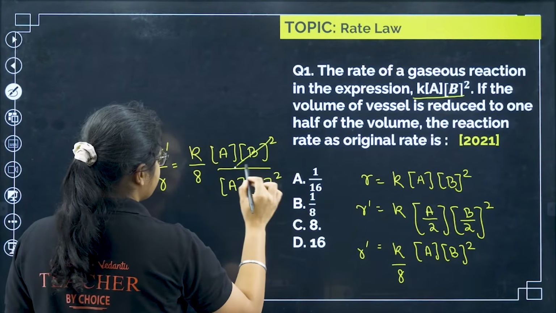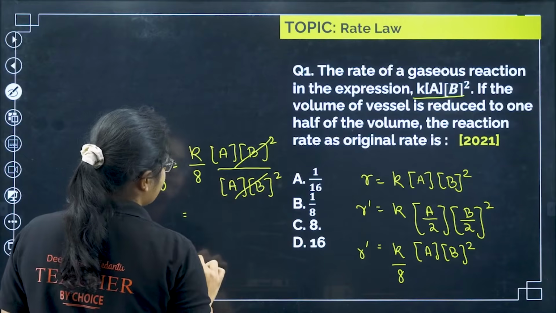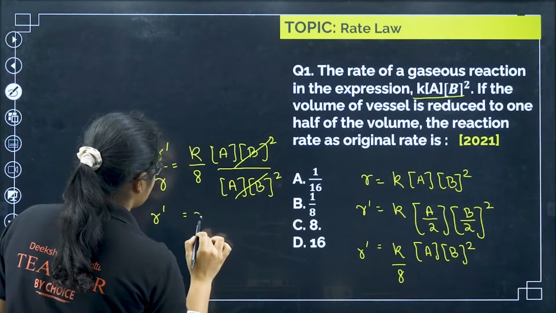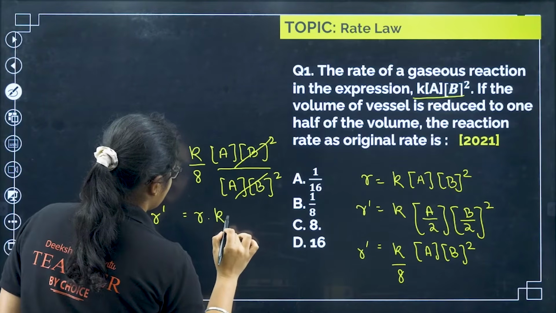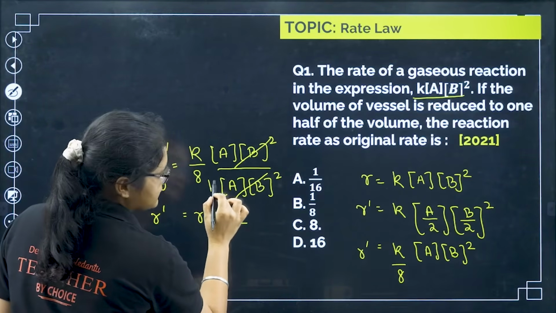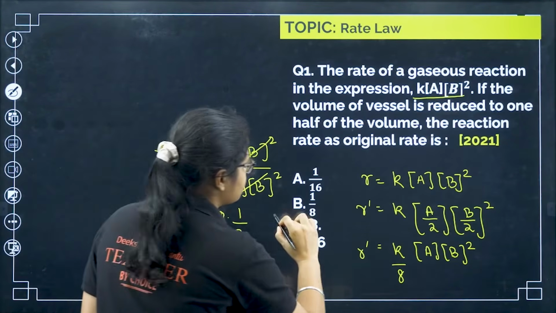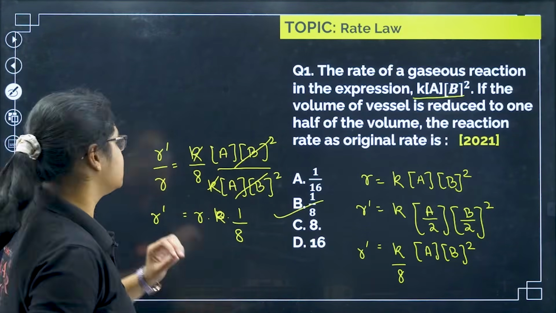So if I solve this I will get 1 by 8. Here also K is there, right? So this K will also get cancelled. 1 by 8 times, right? So option number B is the correct answer here.